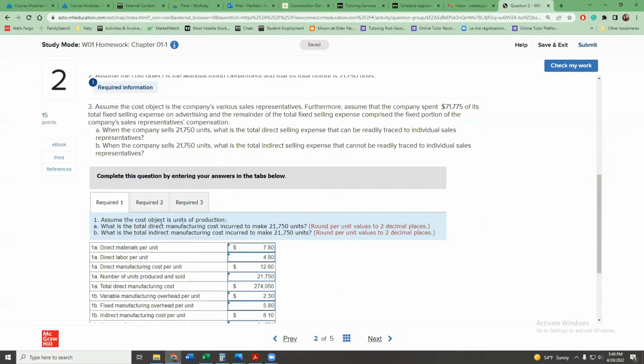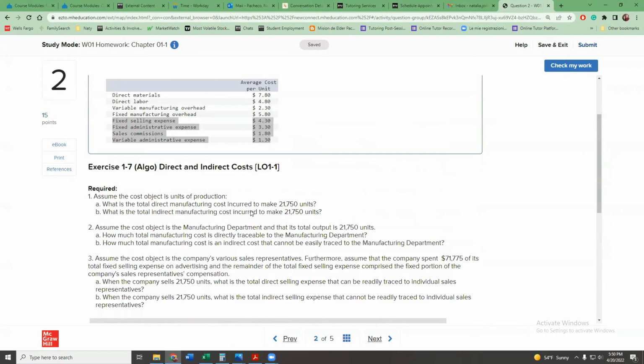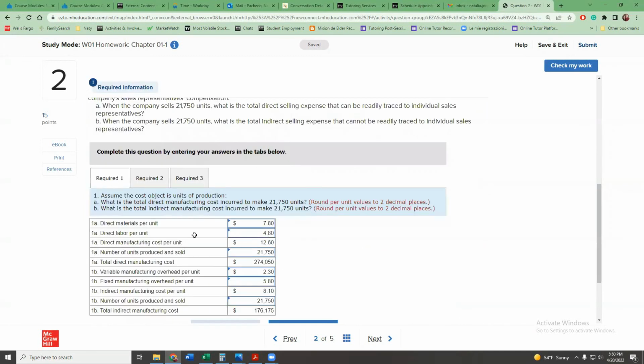It says assume the cost object is units of production. What is the total direct manufacturing cost and what is the total indirect manufacturing cost for the units? Okay, so we're going to focus on the units of production. The first thing is direct materials per unit is the same number they gave us here, so 780.